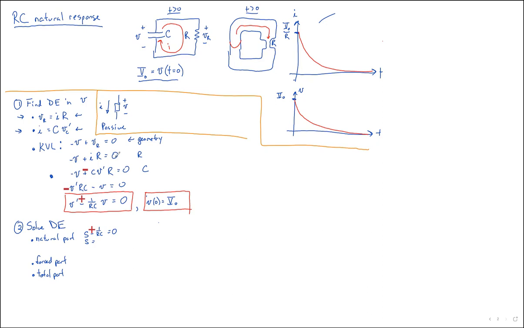Now, this is a correct statement, but right here, the relationship between the current and the C dV dt has got to be a minus, a negative in here, in order to make this current that we're considering work in the opposite direction for the capacitor. Is anyone unclear about that?